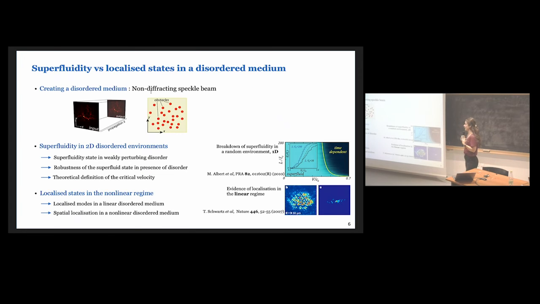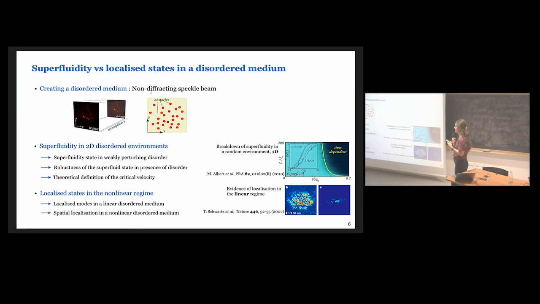So now that we have full control and full characterization over our medium, we can go to a different regime. One idea was to propose: why not study disorder in the crystal? We already know how to inscribe one obstacle, so why not go further and see how the crystal would react if we create a disorder, a non-diffracting disorder.